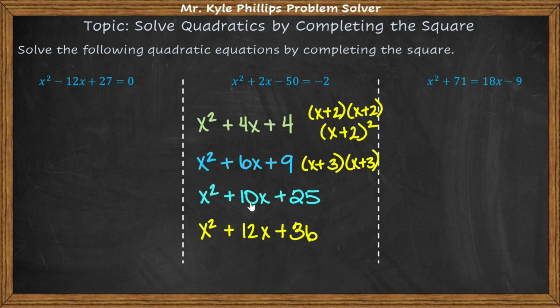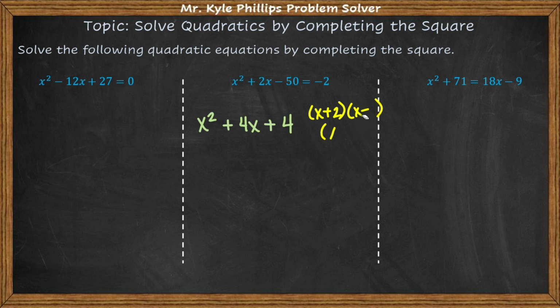What's half of 10? 5. What's 5 squared? 25. What's half of 12? 6. What's 6 squared? 36. Anytime you have a perfect square trinomial, it is factorable and you'll always get factors that are identical. Now, it is very easy to create a perfect square trinomial.